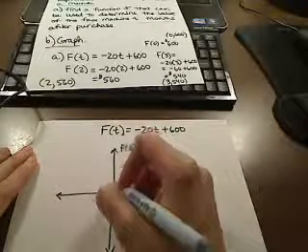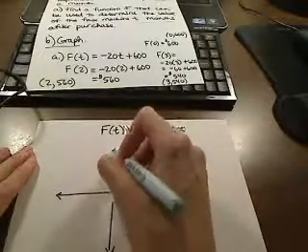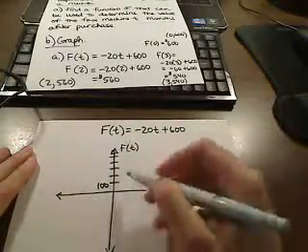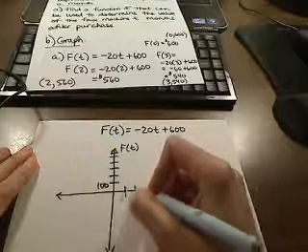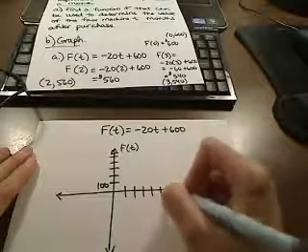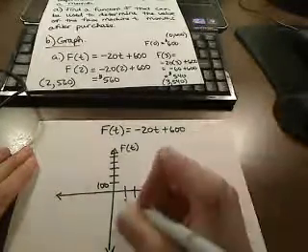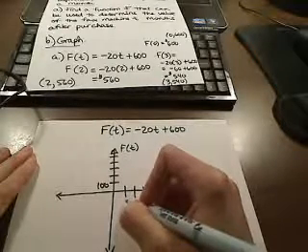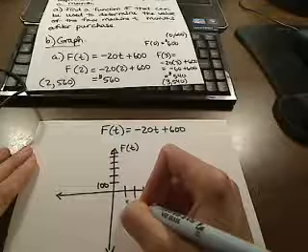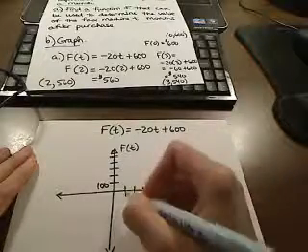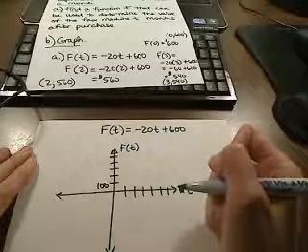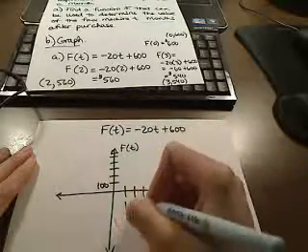I'll show you what I'm talking about. I'm going to do units of 100 on this axis, and units of just 1 on this axis.